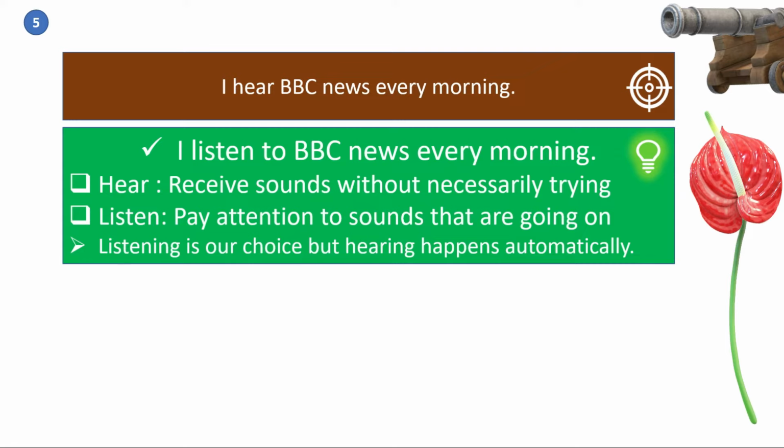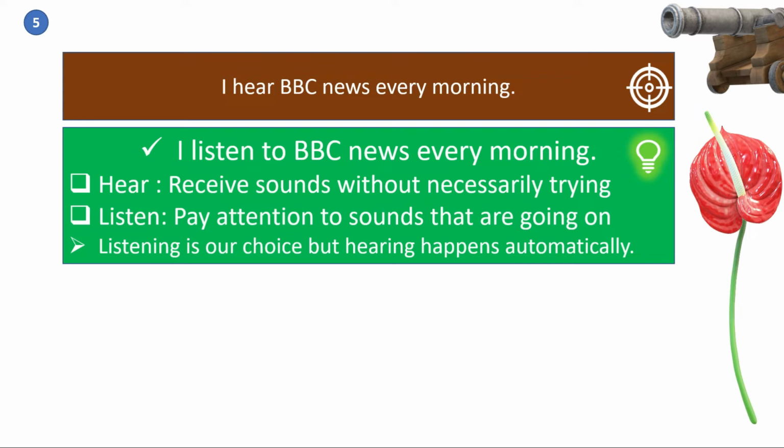Let's know the difference between these two. When we use hear, we mean receive sounds without necessarily trying to hear something. We don't make an effort to hear something. But when we use the word listen, we pay attention to sounds that are coming or that are occurring around, that are going on.